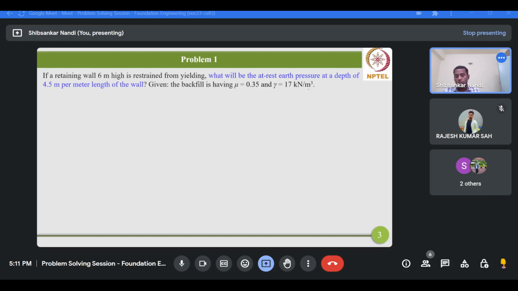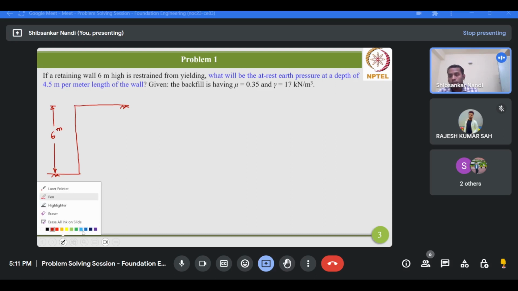If we draw the geometry of the backfill, it is something like this. This is the total height of the retaining wall, that is 6 meter, and we have to determine the at rest earth pressure behind the wall at a depth of 4.5 meter from the ground surface.